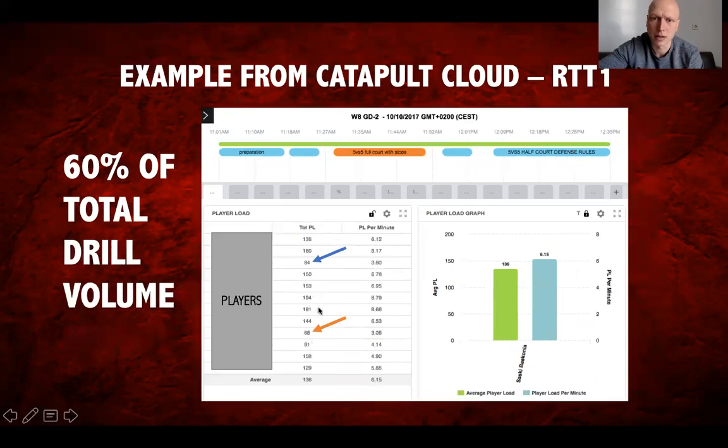Then you can see in different drills, after the preparation and after some no contact basketball, for example, in this drill, which is 5-on-5 full court with stops, we can see how well these two players distributed load with good substitutions, because the average load in that drill for our team was 140. So we respected this even in this drill, around 60% of total drill volume.